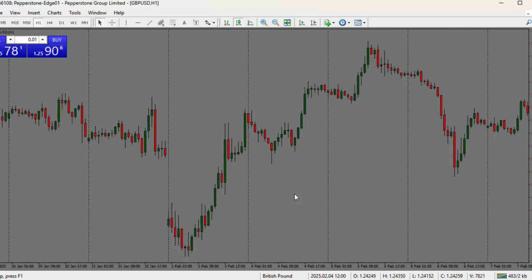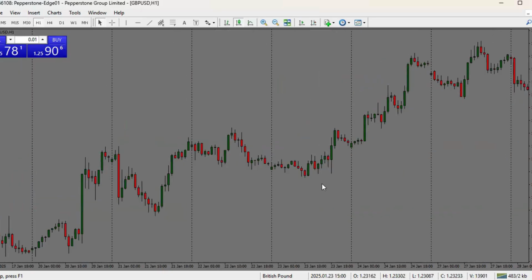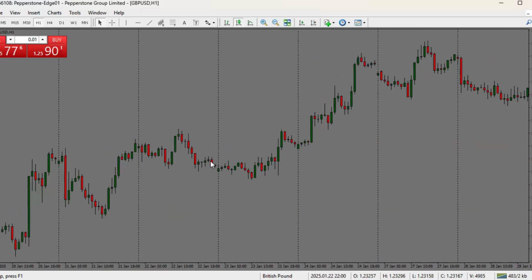In other words, the market gives you fake signals and it also gives you good signals. But how you differentiate between the two is when you're able to read and understand what the price is saying.